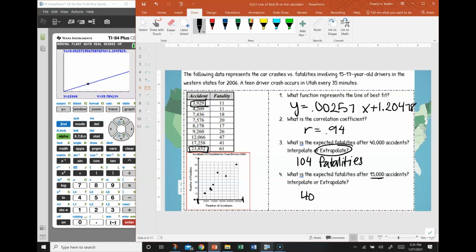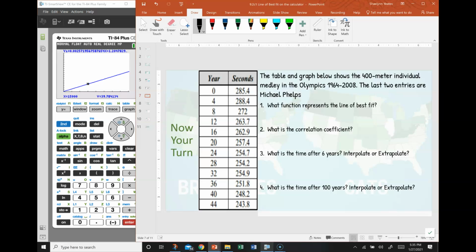And then with 15,000 accidents, there would be an expected 40 fatalities. And 15,000, is that between 3,929 and 23,852? Yes, it is. So this is interpolate. Okay?